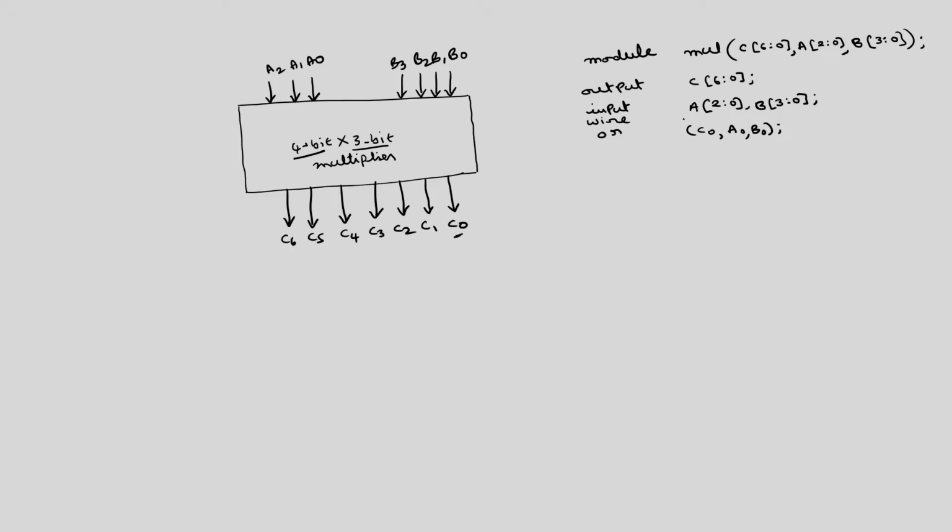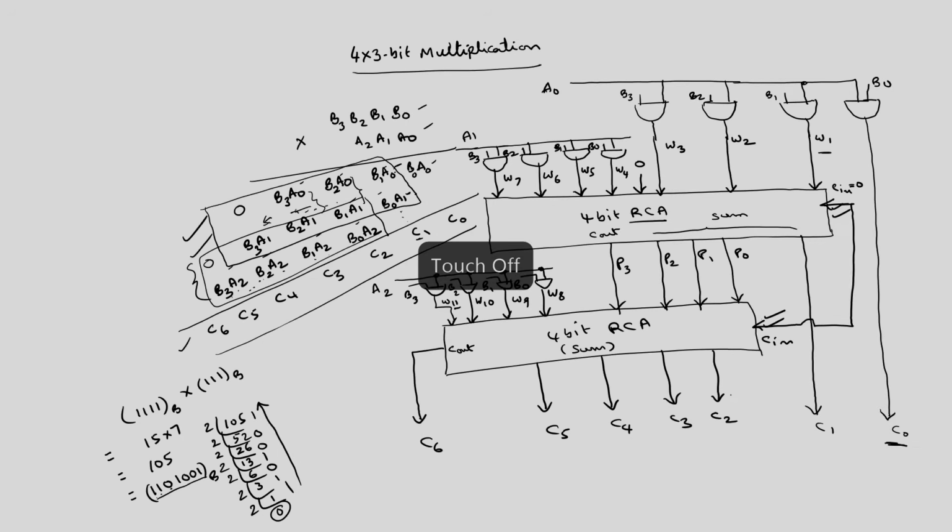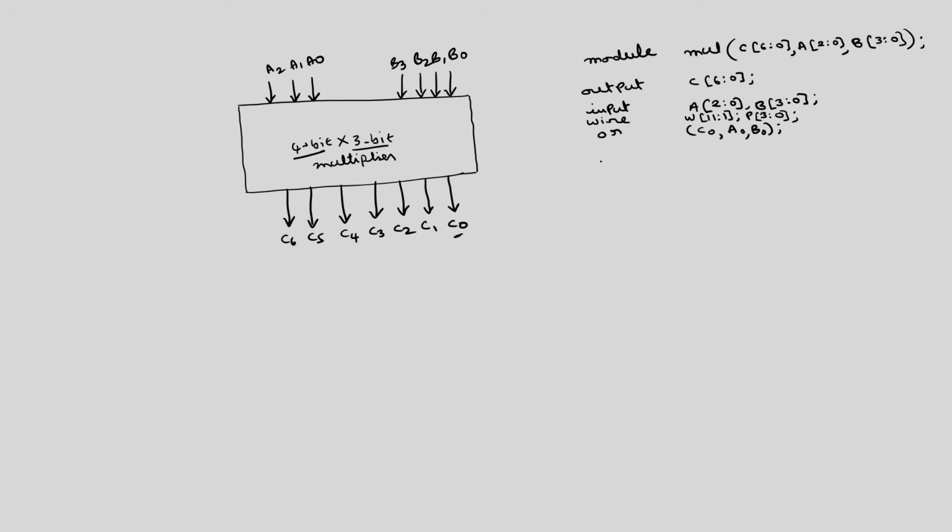So totally we have W11 to 1, and then we require one more wire which is P3 to 0. These are the 2 wires required, right? So these wires are required, these wires are required. Okay. So I have got the C0 output.